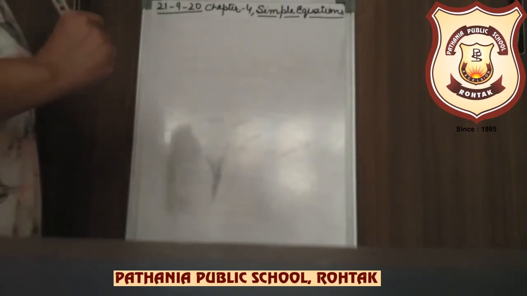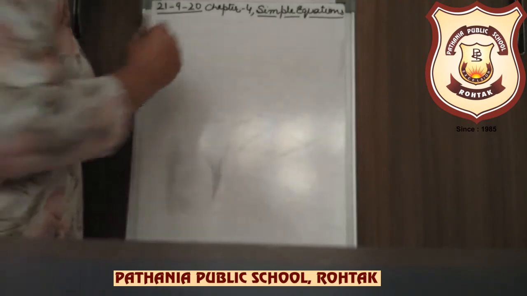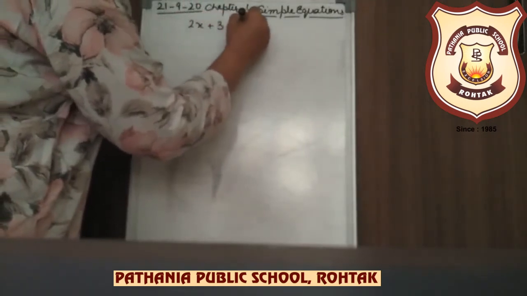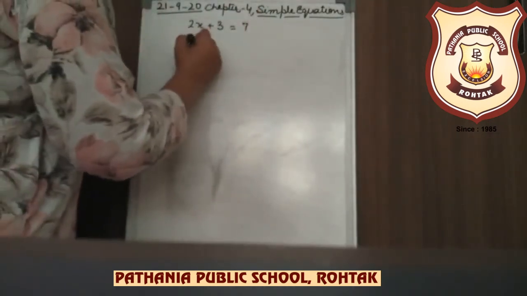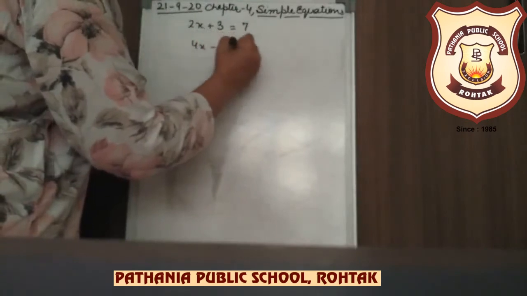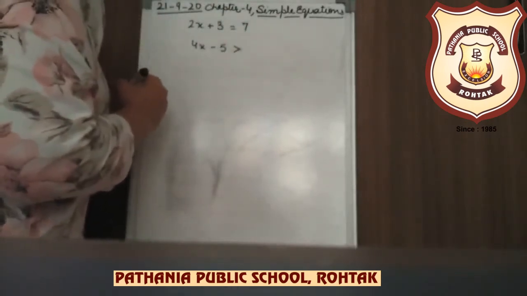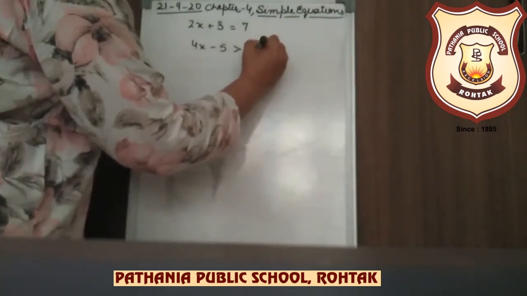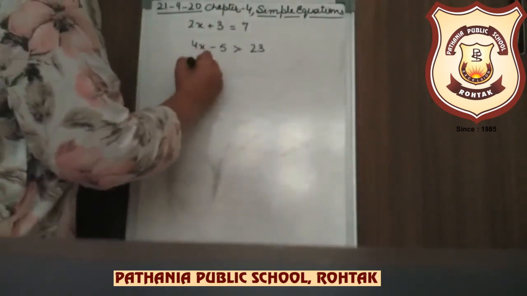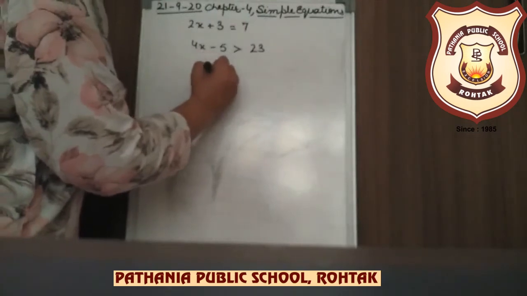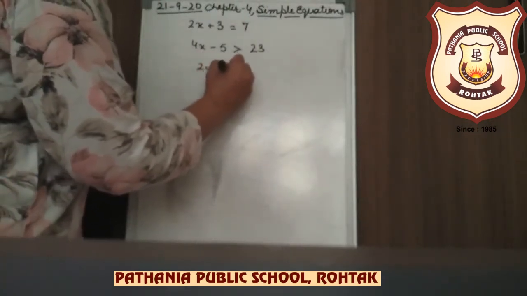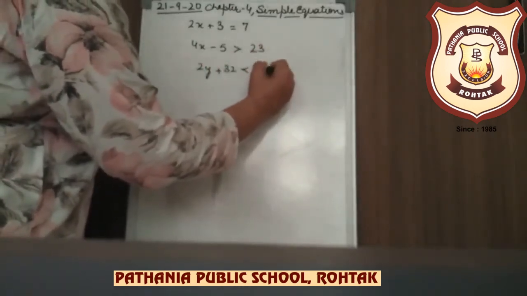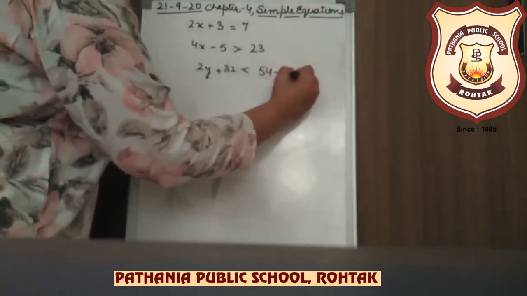Before that, I would like to make you clear, if you are given 2x plus 3 is equal to 7, and 4x minus 5 is greater than 23, and 2y plus 32 is smaller than 54 minus 3y.